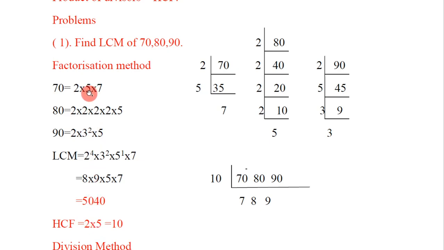Then next 5 power 1 here, 5 power 1 here, 5 power 1 here, all are same. So 5 power 1 you have to write. So their product is equal to 10, the highest common factor. So note one important thing, to write the least common multiple, we have to write the highest powers of the primes. And to write the highest common factor, we have to write the least powers of the prime numbers. So this method is factorization method to find the LCM and HCF.